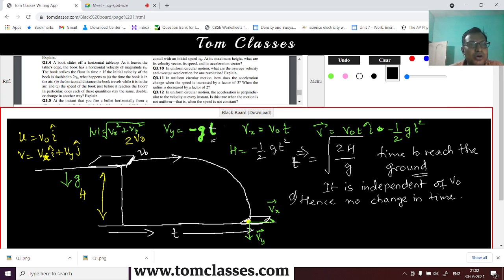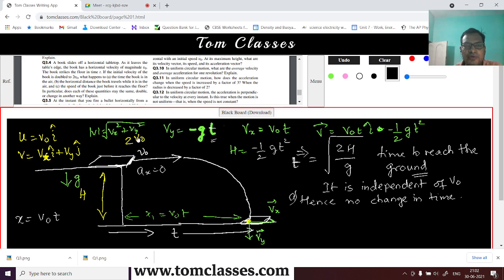Okay, the horizontal distance the book travels while it is in the air. Now you can see that this is the range, right? This horizontal distance is given by x equals v naught into t, because there is no acceleration over here, so ax is equal to 0. Let me call this distance x1, that will be v naught into t.